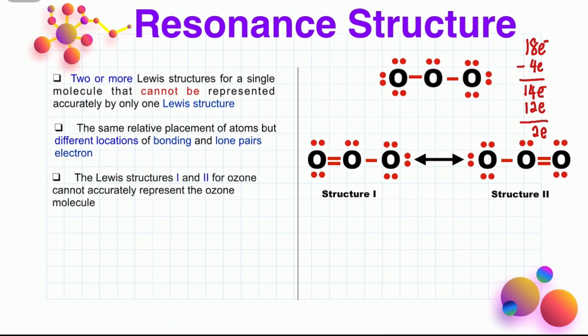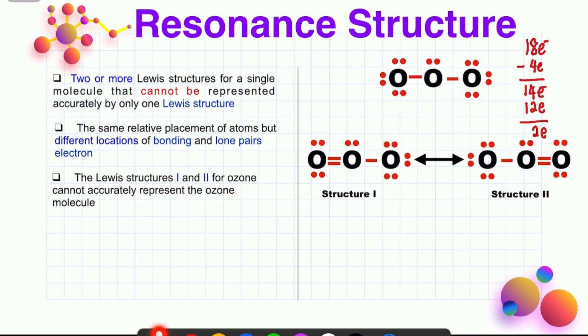By using this arrow, you can see that structures 1 and 2 for ozone cannot accurately represent the ozone molecule individually. For example, you cannot assign structure 1 alone as the Lewis structure for ozone, or assign only structure 2. Actually, both structures are Lewis structures for ozone.